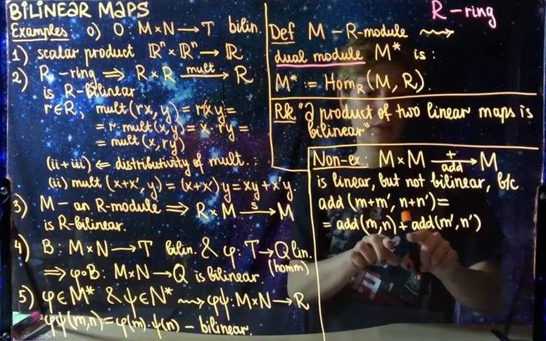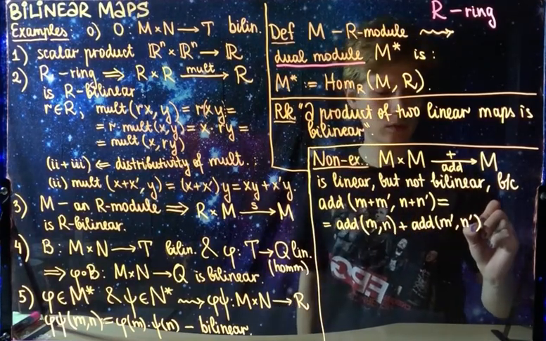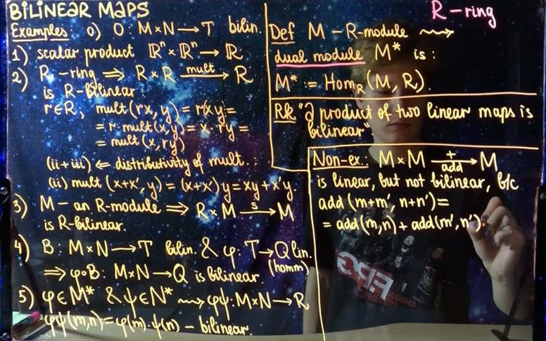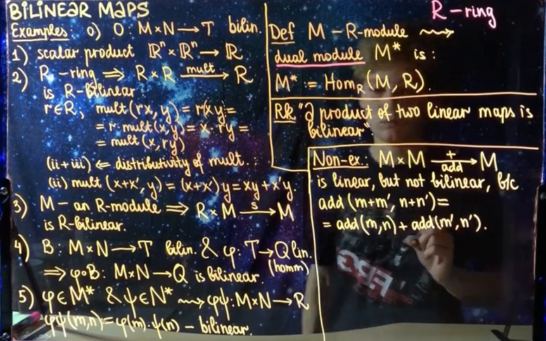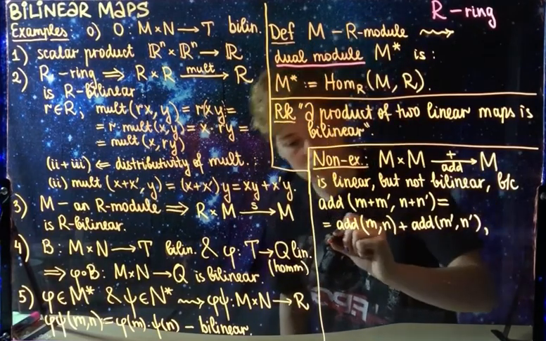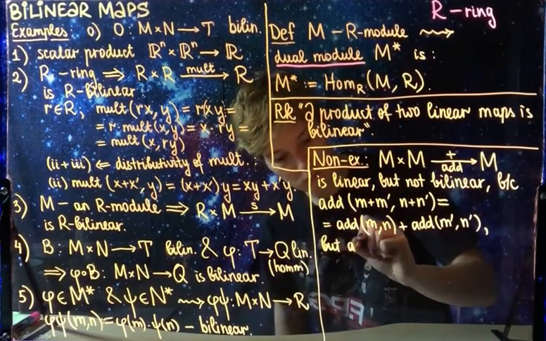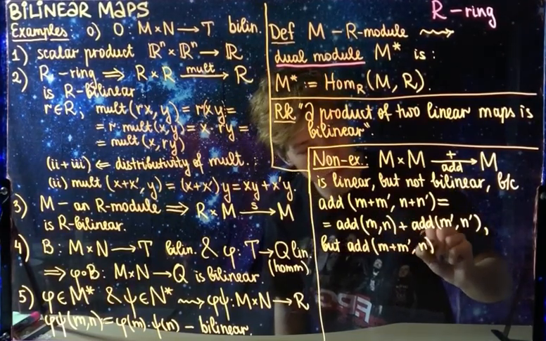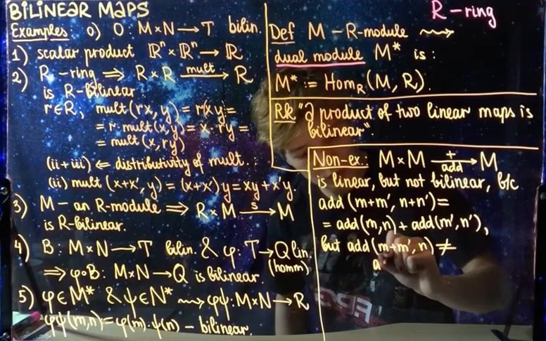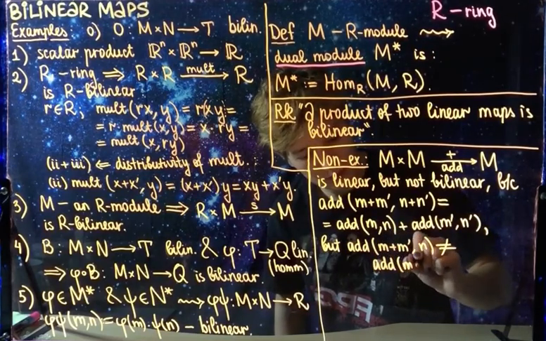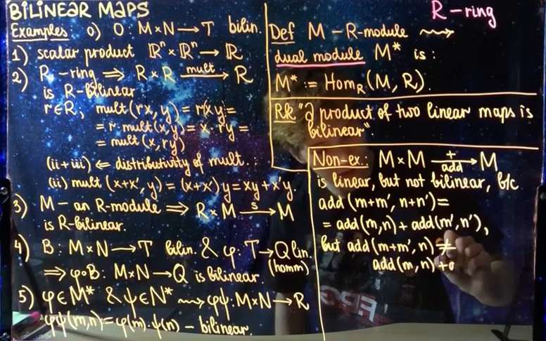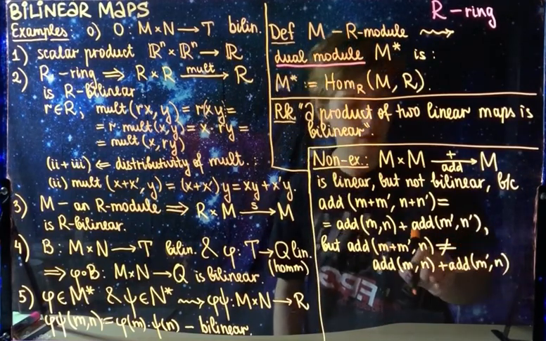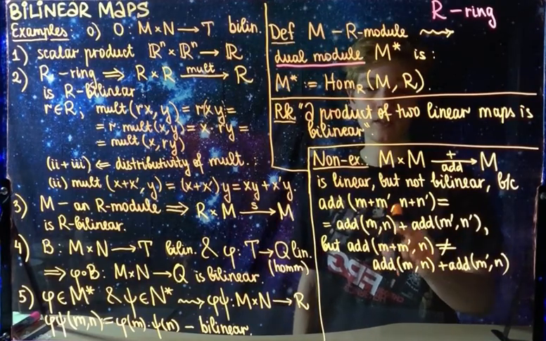So we don't get those cross terms. So adding m plus m prime to n is not equal to adding m to n and then adding the sum of m prime and n, because then n would appear twice in this sum.